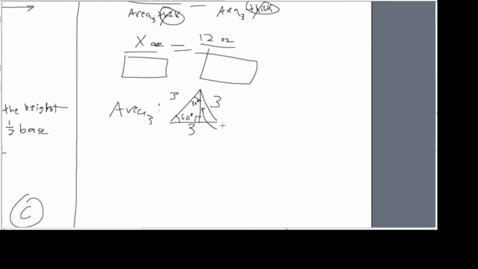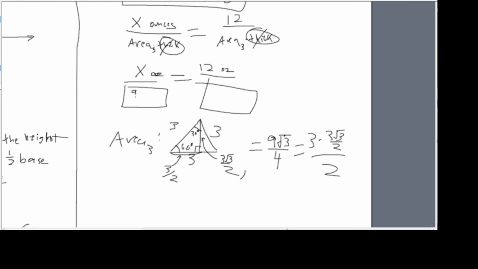So we know that this length is going to be 3 root 3 over 2, and this length is going to be 3 over 2. So the area is equal to 9 root 3 over 4. Or you can just do 3 times 3 root 3 over 2, because the base, which is 3, times the height, which is 3 root 3 over 2. So we have 9 root 3 over 2 right here. Wait, no, that's area 5. 9 root 3 over 4.